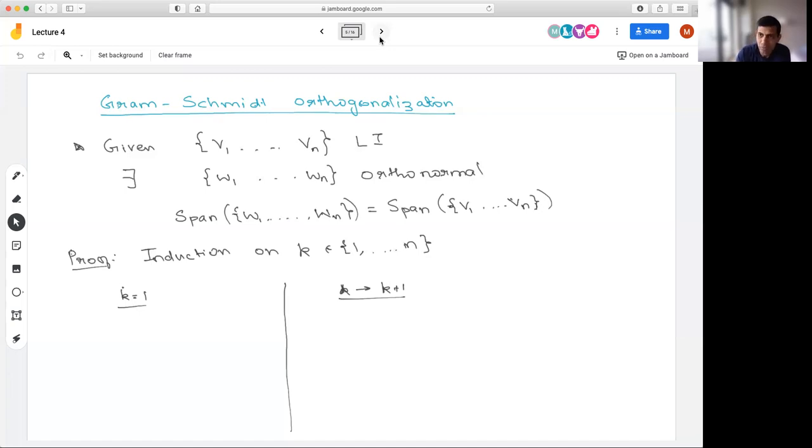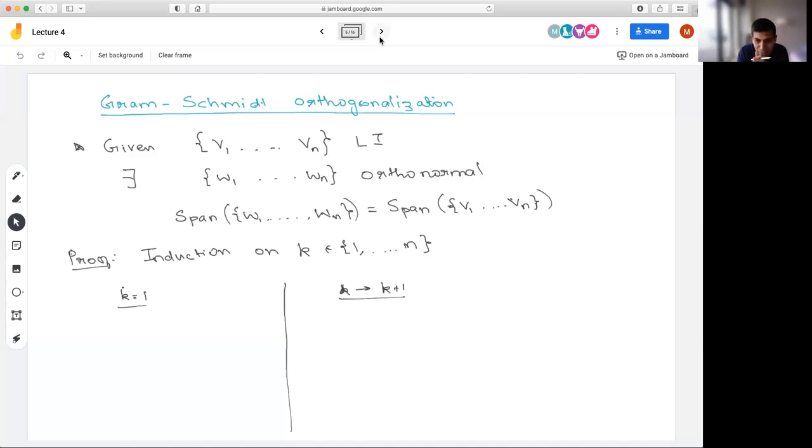Okay, and we'll prove it by induction on k. So we will prove that for every k, there exist orthonormal w1 to wk, which have the same span as v1 to vk. When we reach k equals n, we'll be done. Okay. Let's start at k equals 1 though.